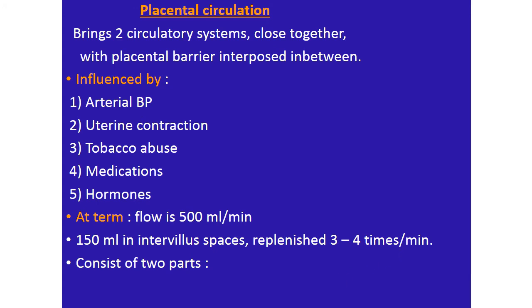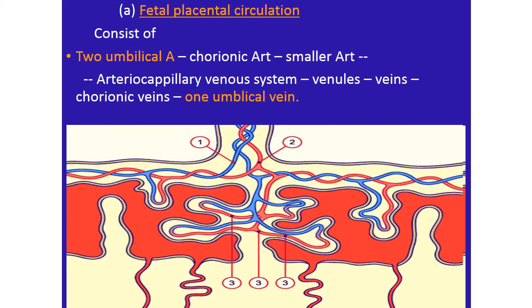The circulation consists of two parts: the fetal placental circulation and the maternal placental circulation. First of all, the fetal placental circulation consists of two umbilical arteries coming from the embryo or the fetus through the umbilical cord, reaching up to the chorionic plate, where they continue as the chorionic arteries.